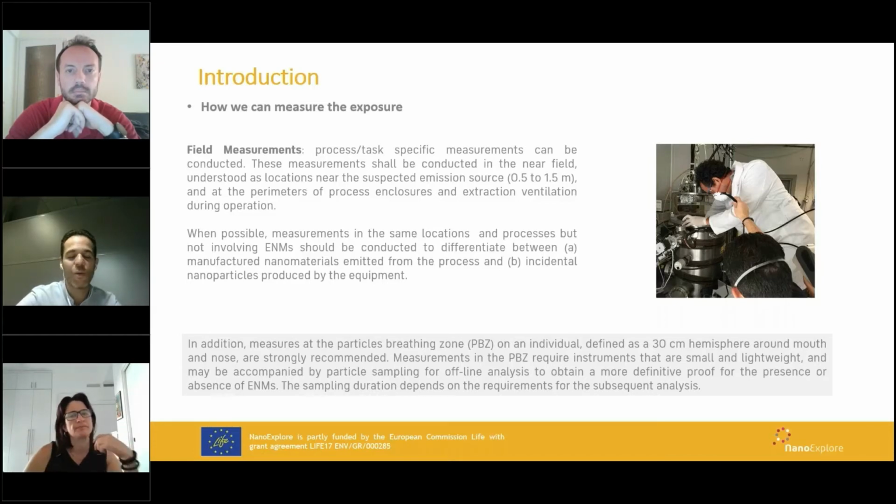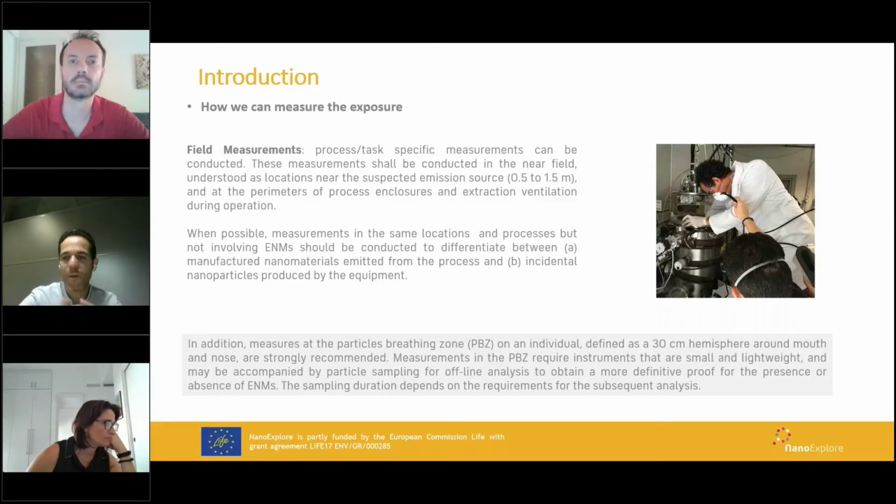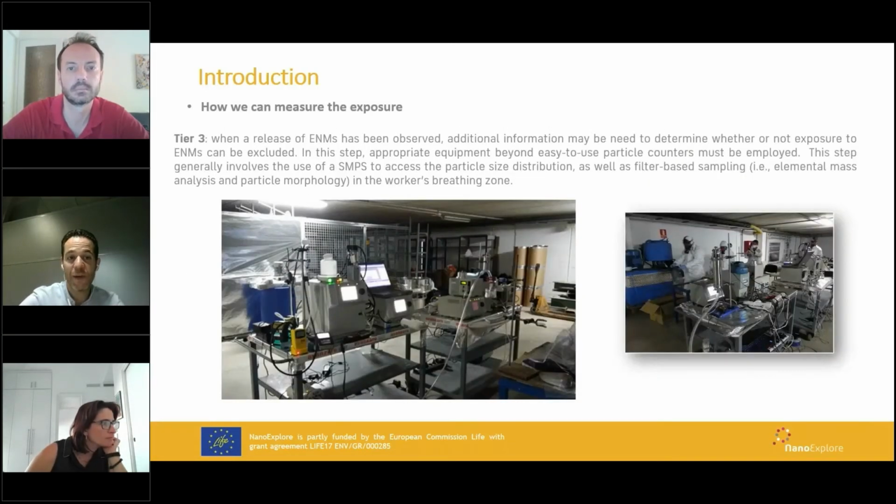Otherwise, we know the number, but we don't know exactly if, for example, we have 10% of silver and 90% of other kinds of materials, because we are developing a synthesis of silver particles, or we are producing a polymer where we are using silver to reinforce the polymer. So we need to know the potential expected concentration.